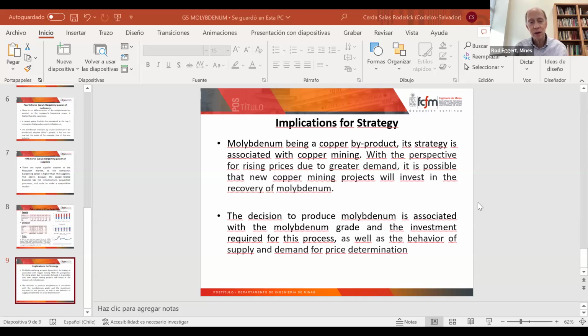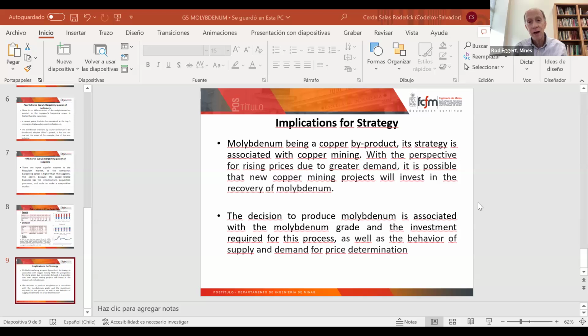I sometimes think of it as what would keep the senior executives awake at night worrying about in terms of the profitability, in this case, of molybdenum.